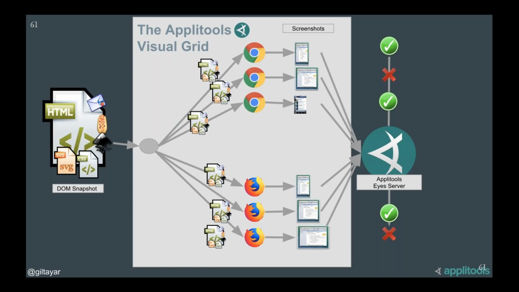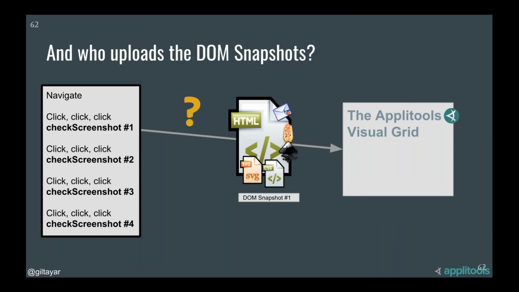Now, the big question is what? I need to write tests to create DOM snapshots? And the answer is, well, who uploads the DOM snapshots? Who, when I want to check a screenshot, takes the page, creates a DOM snapshot, and uploads it to the visual grid? And the answer is we have SDKs that do that. Currently, we have two SDKs, the Cypress SDK and the Storybook SDK, which we'll be demoing.